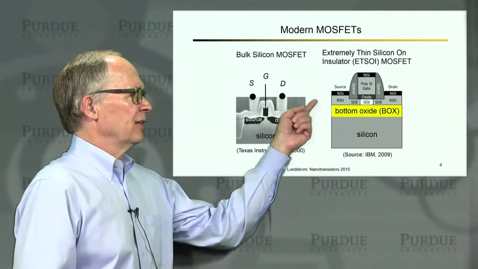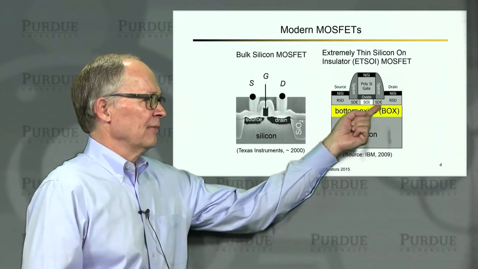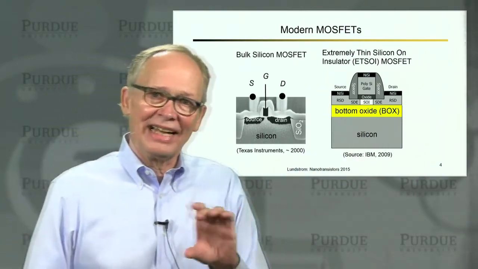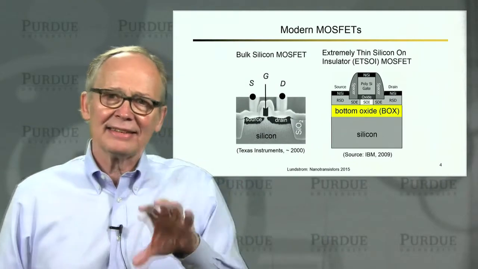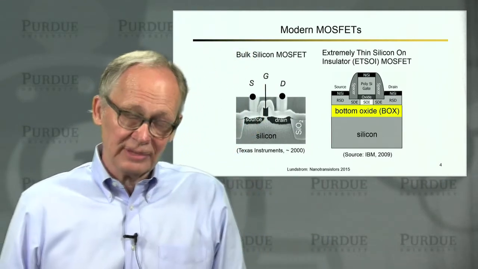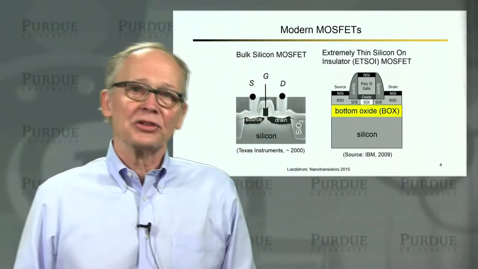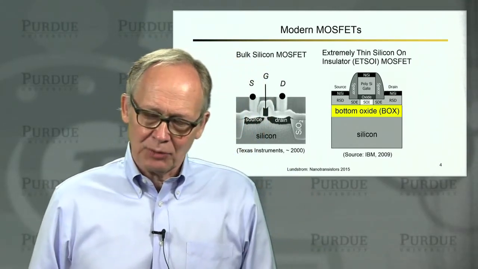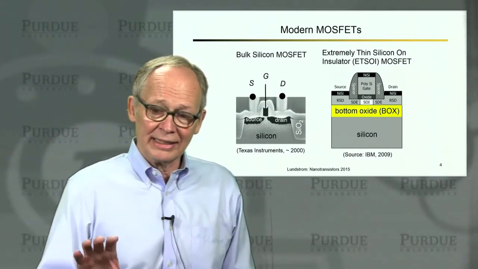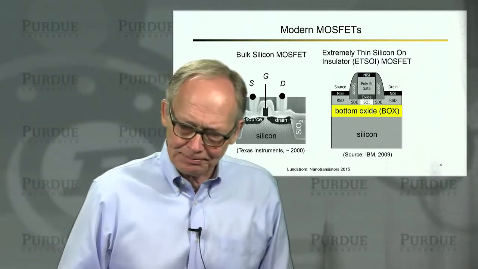And you can see here the active layer of the device, the source, the channel, and the drain, all of that sits on an insulating layer of glass or silicon dioxide, and then it sits on a thick silicon wafer. The function of the silicon wafer in this device is just to hold everything up. And this device has some advantages when we scale devices down to very small dimensions and reduce capacitance and things like that. It's called an extremely thin silicon on insulator MOSFET.